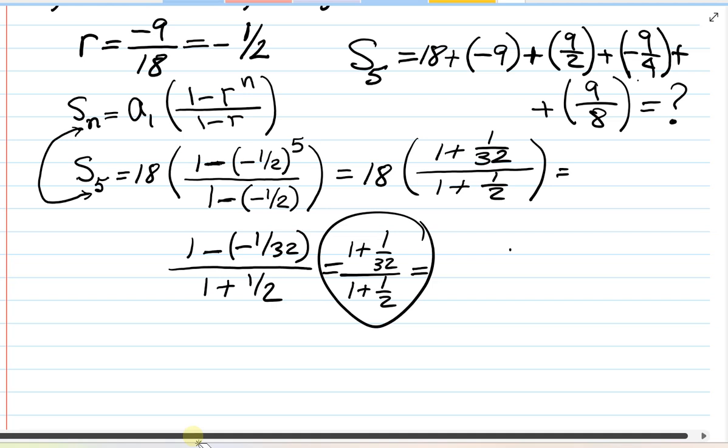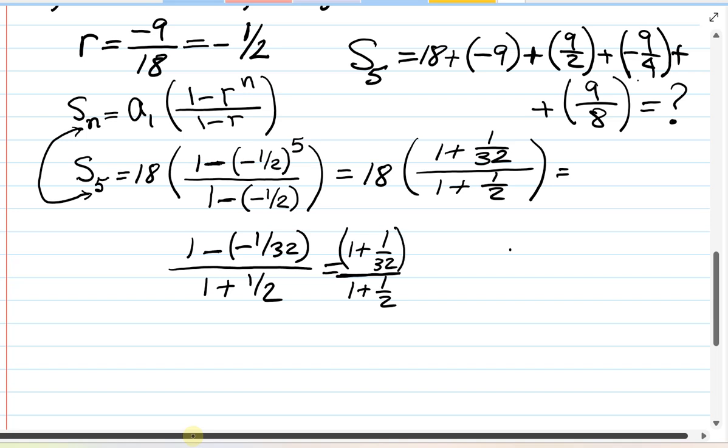A complex fraction is a fraction whose numerator or denominator or both themselves have fractions. So typically what we do in a complex fraction, to make it a simple fraction, we multiply top and bottom by the LCD. In this case, the LCD of 2 and 32 is 32. So we multiply top and bottom by 32.